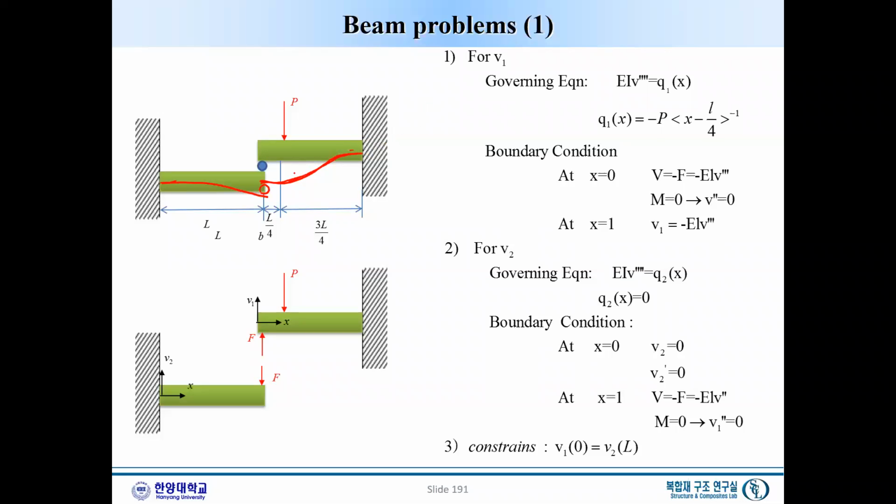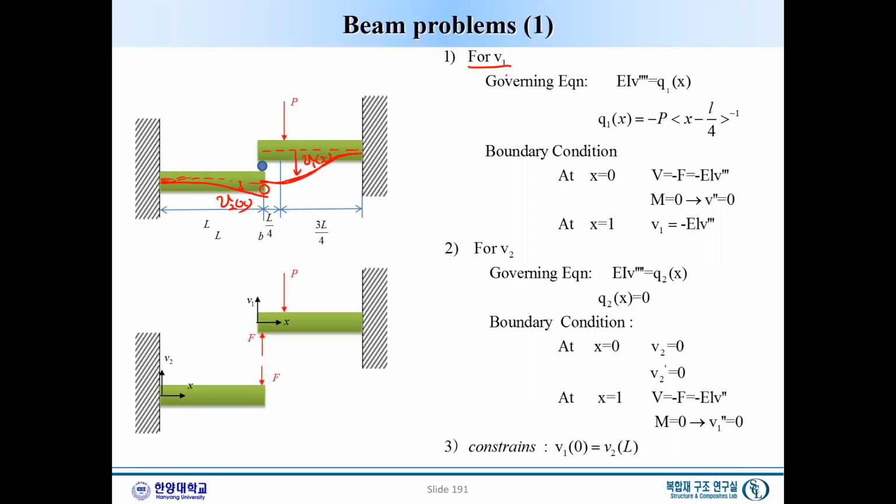Anyhow, we consider this case as two beams. So this one, V1, is on the right-hand side. Let's say this is the point, and V1 is a function of x, and this is another beam curve, given as a function V2.